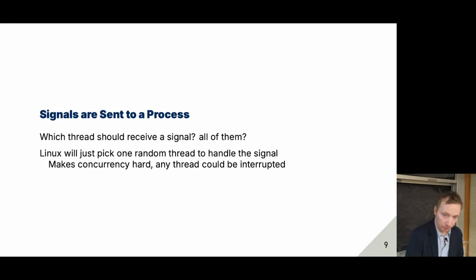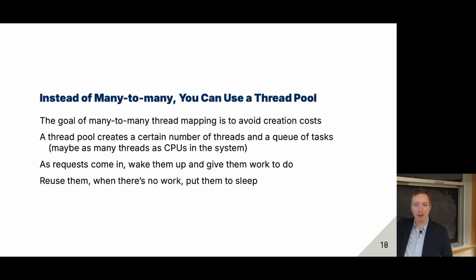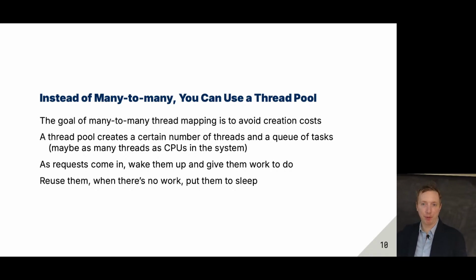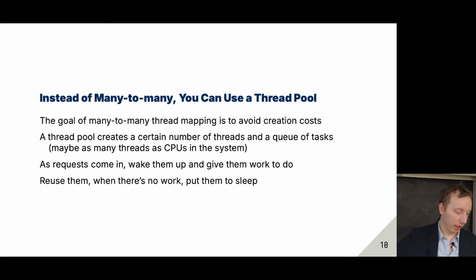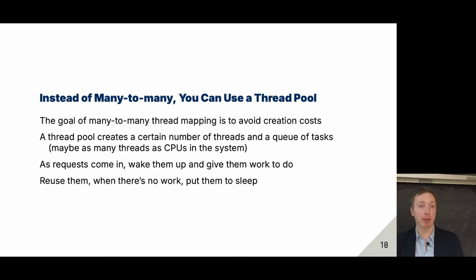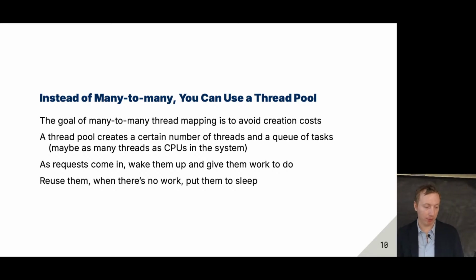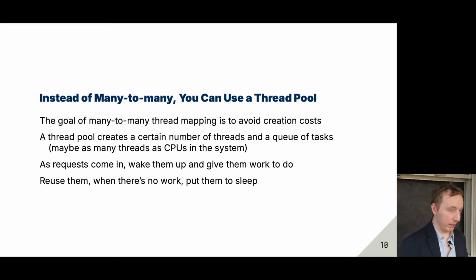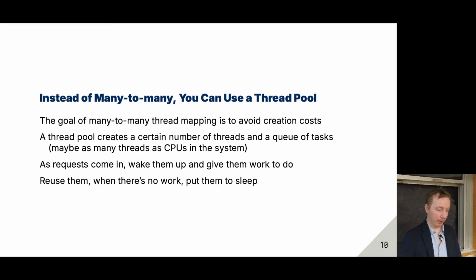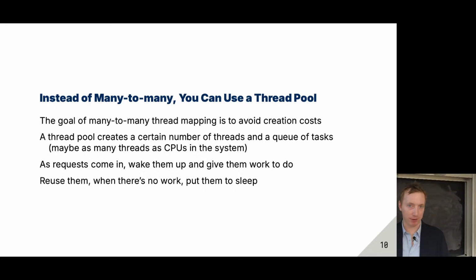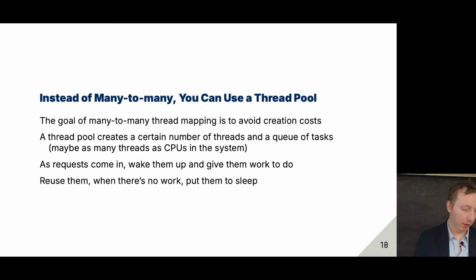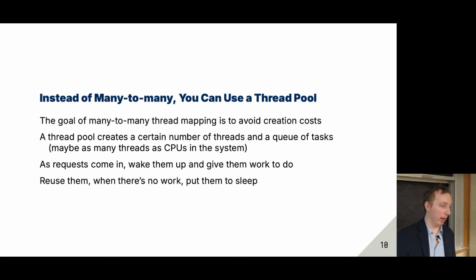All right. So instead of those Java virtual threads, which again, why? Instead of many-to-many, what some people will do, which is a more explicit thing to do, is to create something called a thread pool. Remember the goal of many-to-many is to avoid the creation costs and share the threads and reuse them. So what most sane people do is create a thread pool.